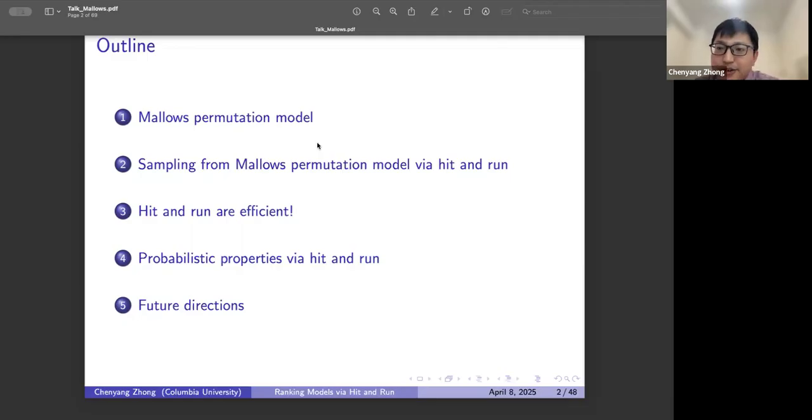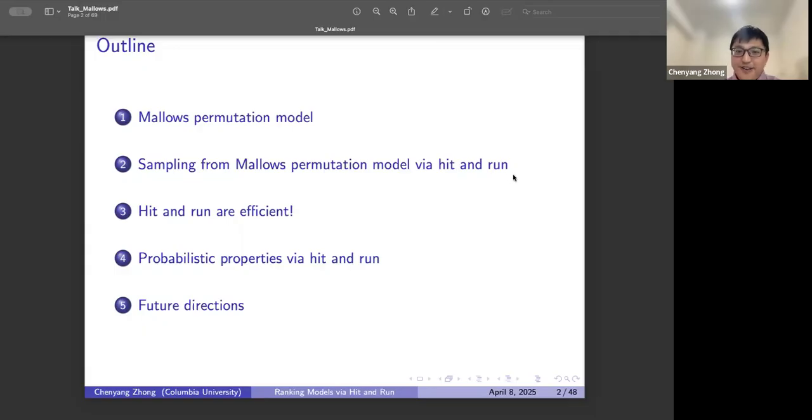However, for the model that we are going to consider, there is a difficulty that is commonly faced by Monte Carlo researchers. That is, the ranking model that we are going to consider has a normalizing constant that is intractable. And therefore, we have to develop some Markov chain Monte Carlo algorithms. We are going to use the so-called hit and run algorithm.